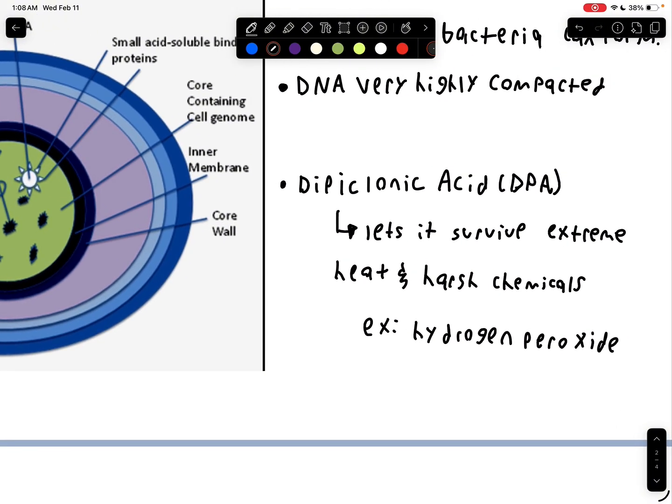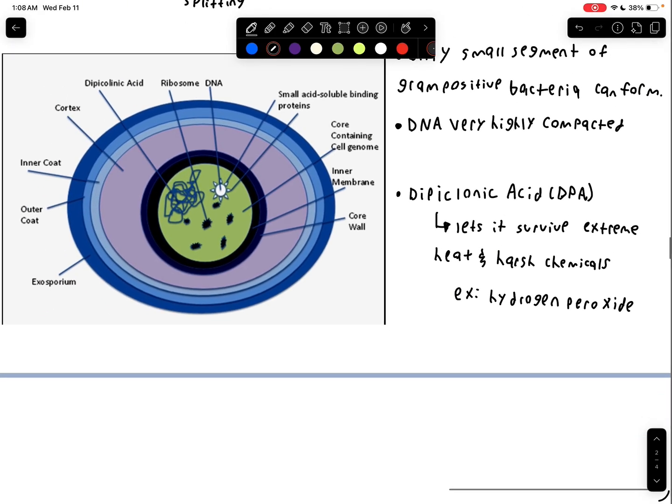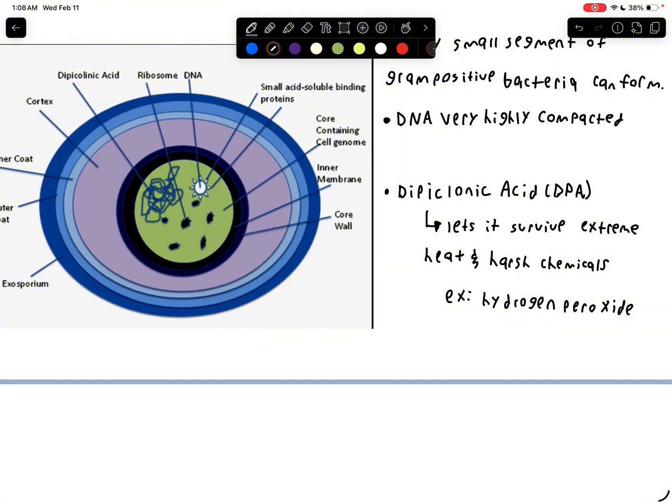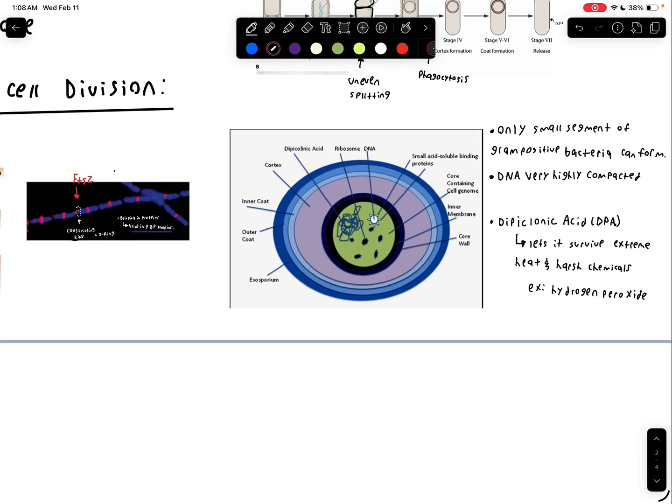Now, the dipicolinic acid, which we'll call DPA, also helps the spore survive even more. So what you see is that it allows it to survive extreme heat and harsh chemicals like hydrogen peroxide. So without the DPA, it actually survives less, even though overall this is the highest form of protection that a cell can have.